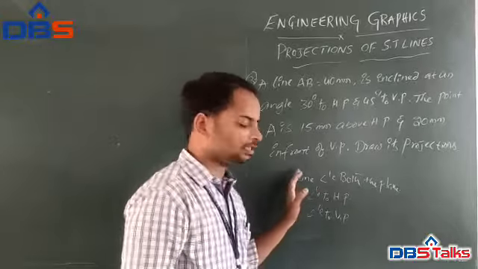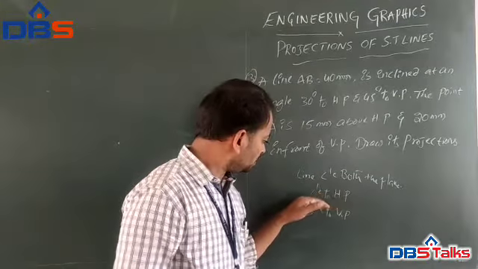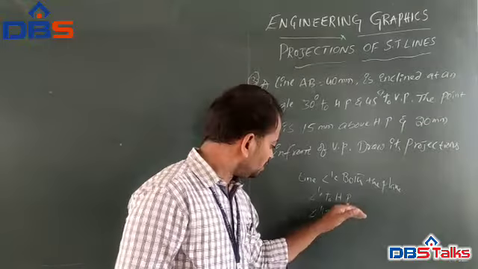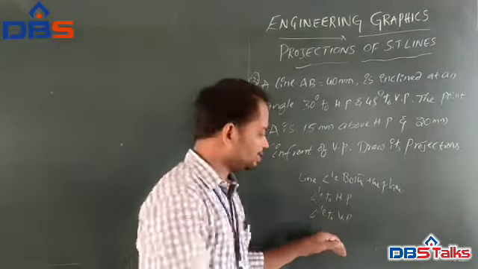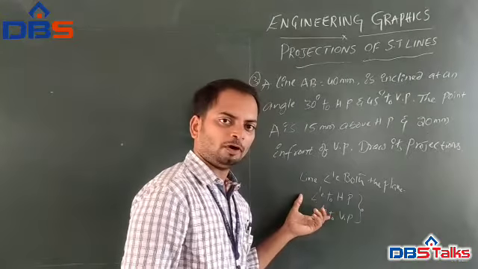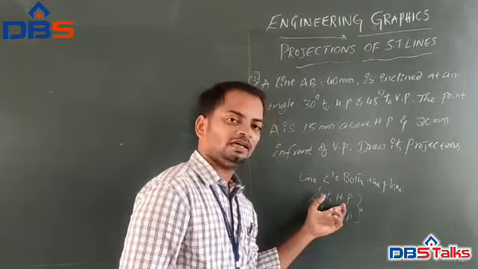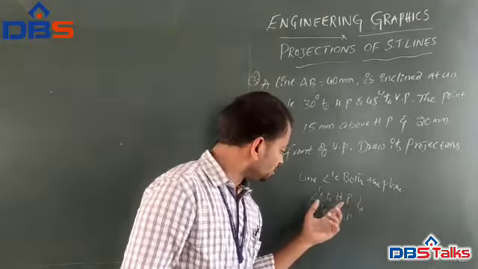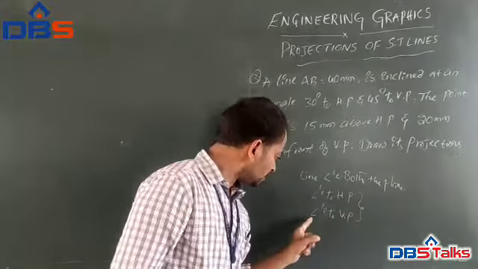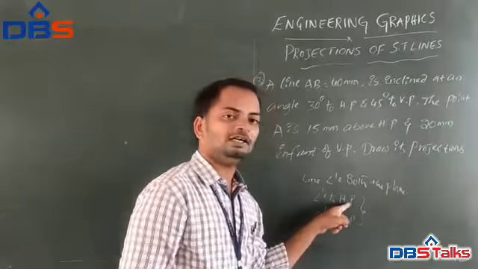Let us assume two cases: in the first case the line is inclined to HP and parallel to VP. In the second case, when the line is inclined to HP, let us take it as parallel to VP.